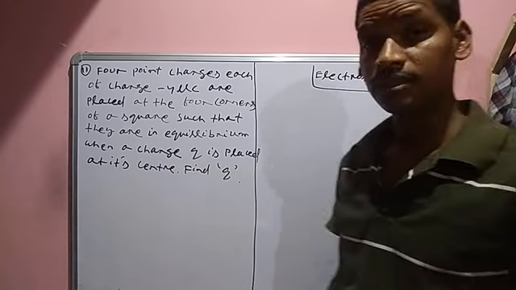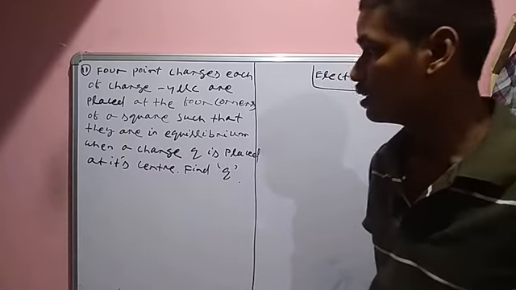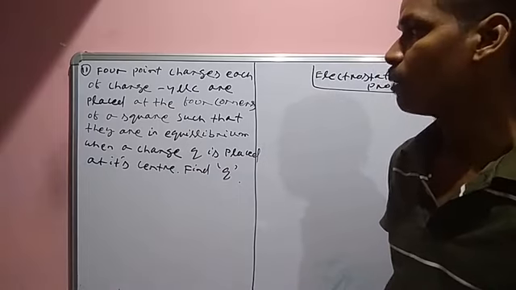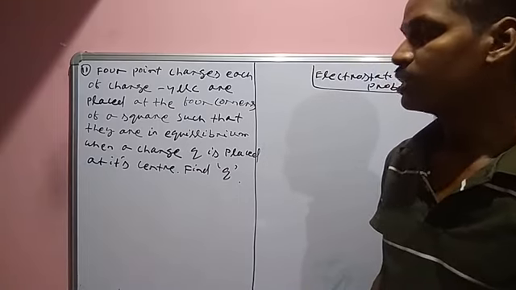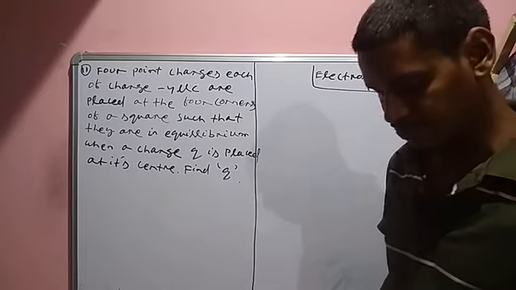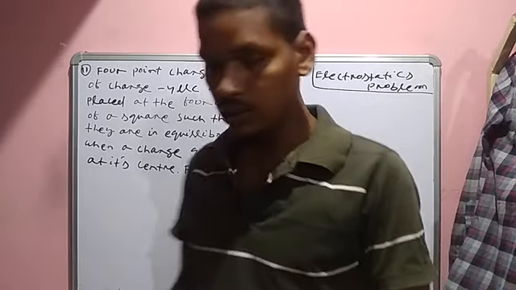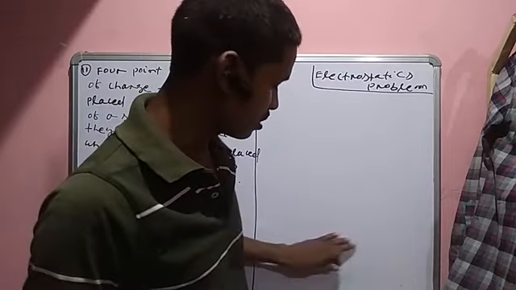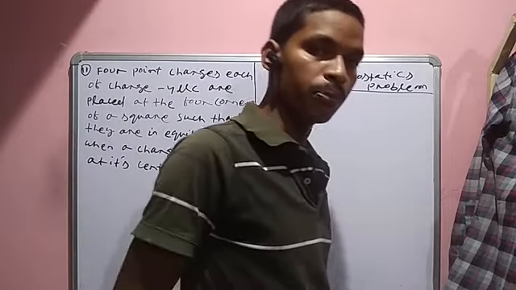These similar types of questions I have already discussed in the previous class, in the previous problem class, in the square problem. You have to remember, in the square problem I have already discussed this particular type of problem.